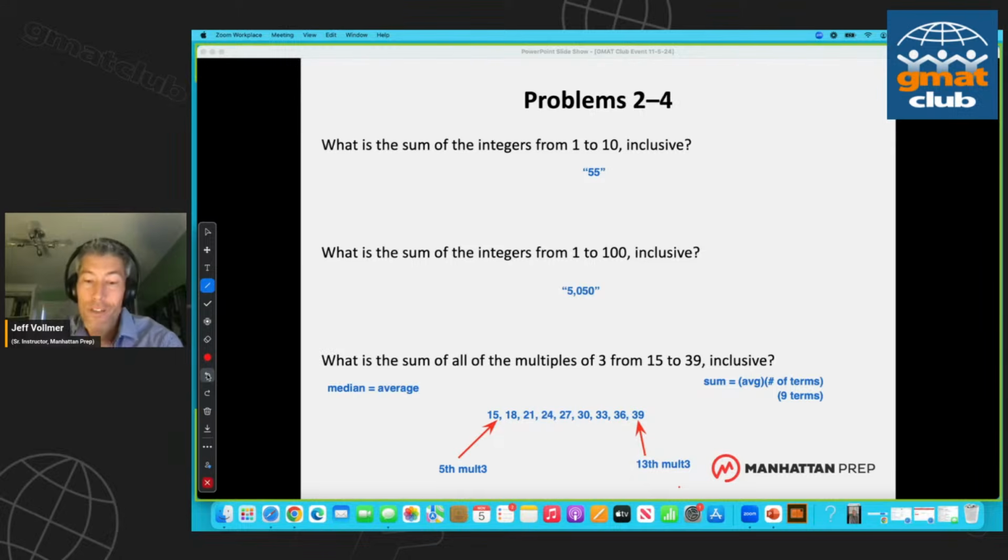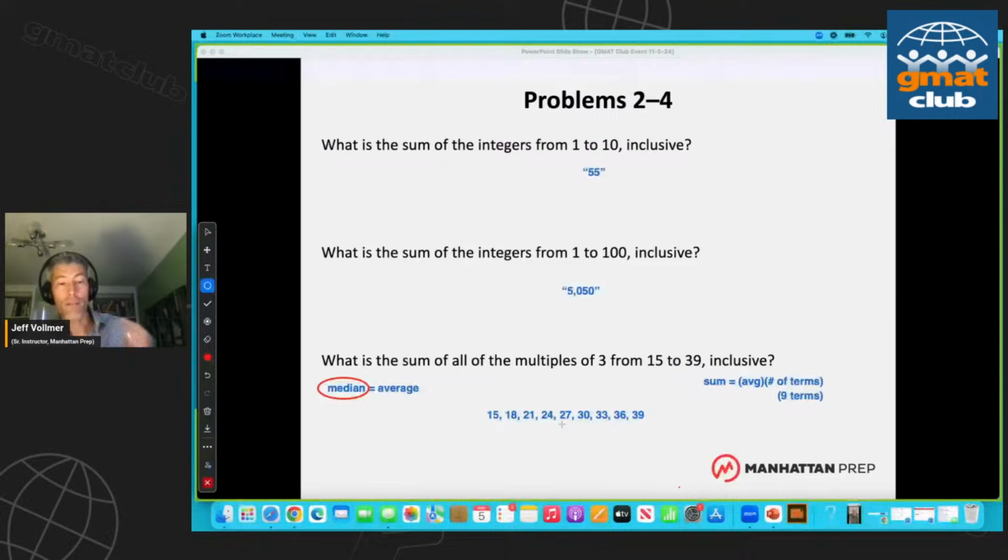Maybe the easiest way to do it is just to list them. But here's another way you can think about it. What's the average? There are a couple ways we can figure out the average, but this might be one of those times where we really lean in on the idea that the median is the average. Maybe it's easier to just find the median value than the average.